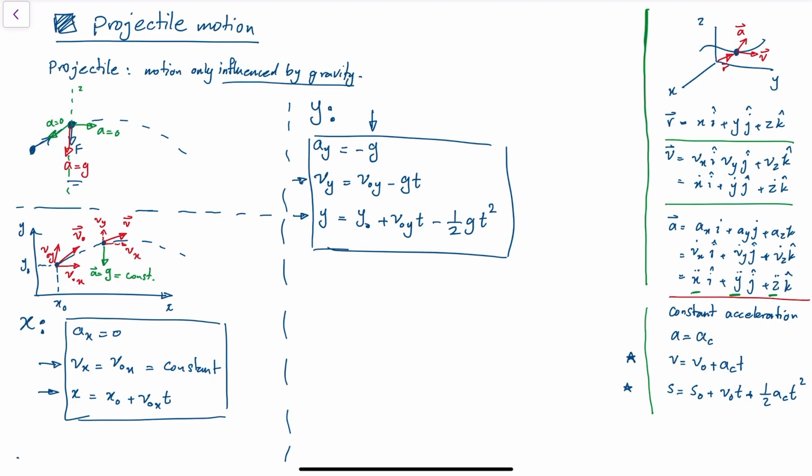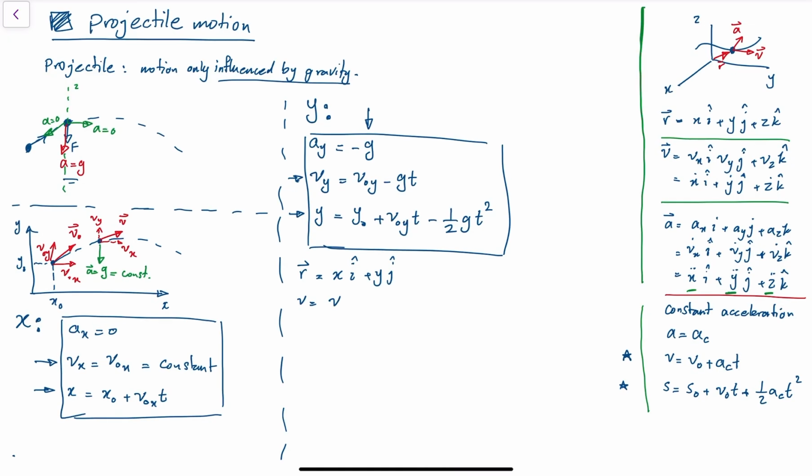And if you want to go back and work with vectorial form, your position is going to be this x i plus y j. You can substitute these values. Velocity vx, the same way we calculated, i plus vy j. Let me write it down.